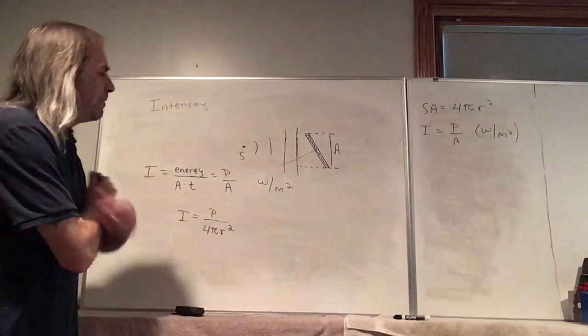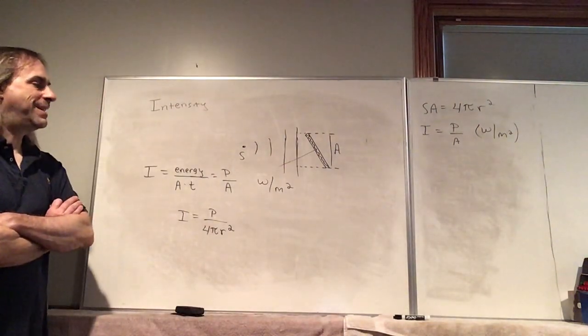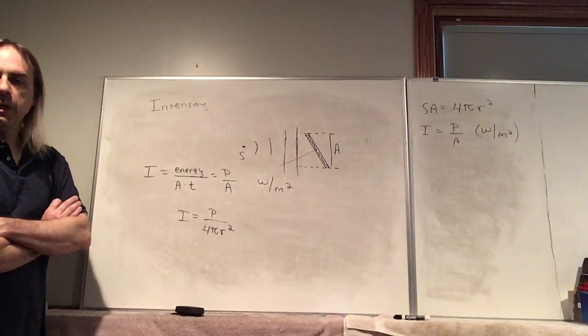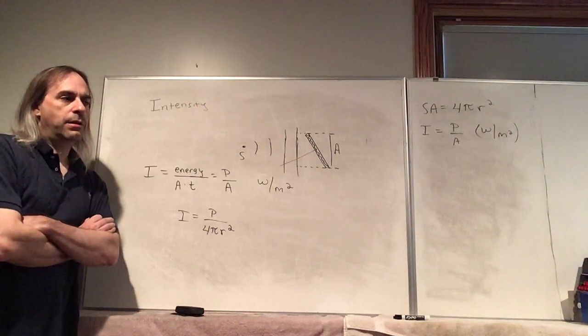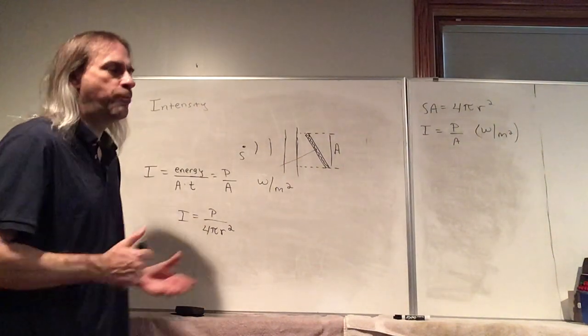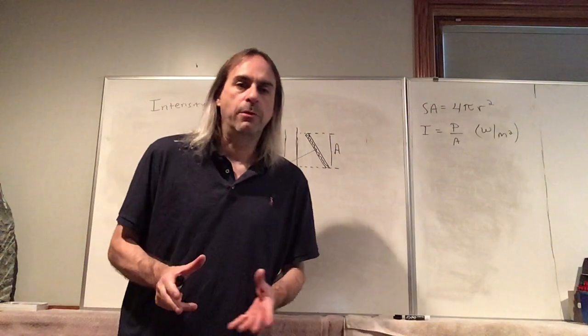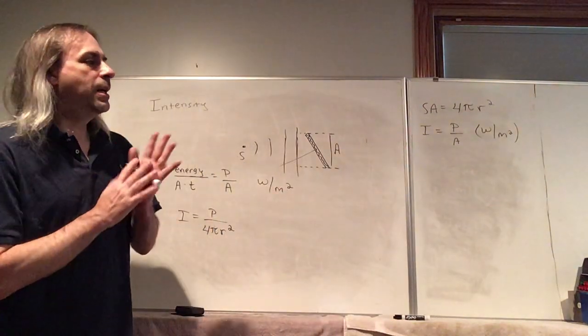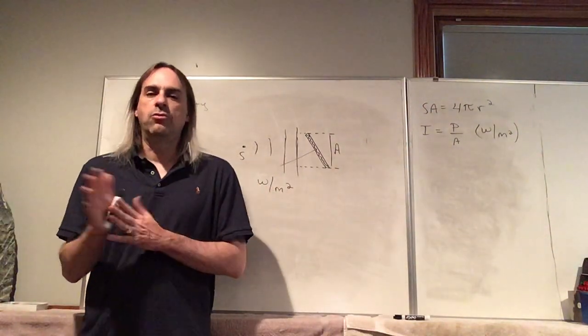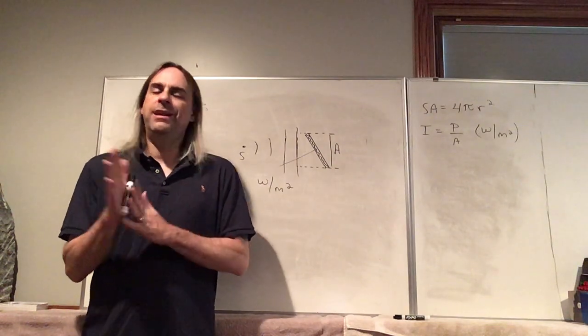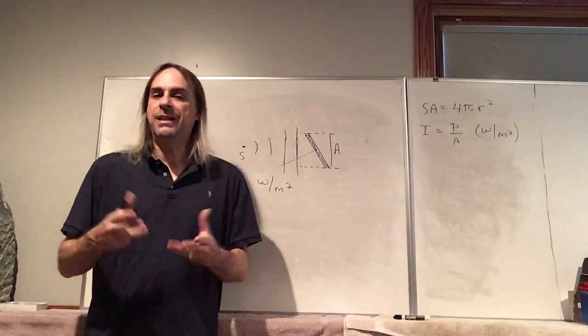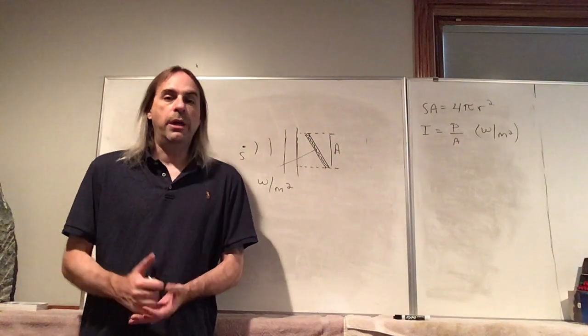Now, the most important example of this is sound waves. And I think I want to do this in 2 pieces. So I'm going to stop this one a little bit short because when we talk about sound waves, it's interesting, the intensity of the sounds that you hear can vary enormously.